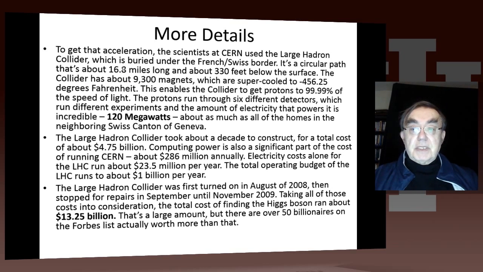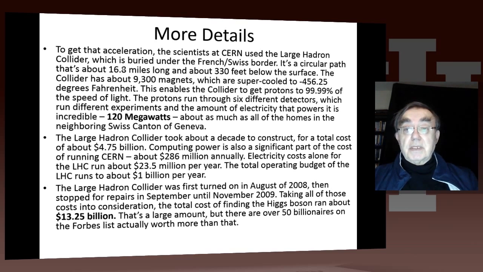So here is some of this detail, which I've already given some of it: 17 miles long, 330 feet below the surface. That's around 100 meters. There's 9,300 magnets, and those are super cooled, very near absolute zero. That's so that they keep their superconductivity. And because of that, the actual electricity cost to run this accelerator is acceptable.